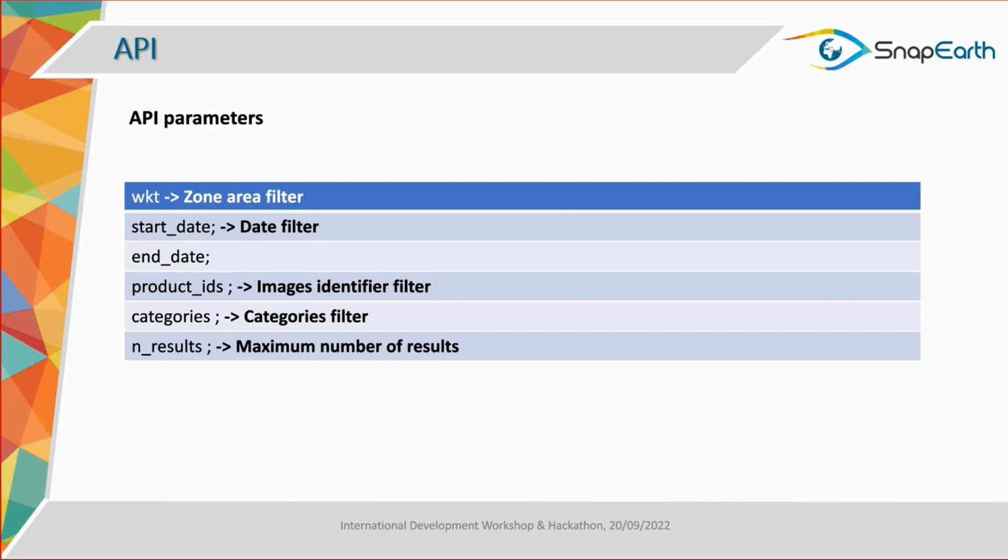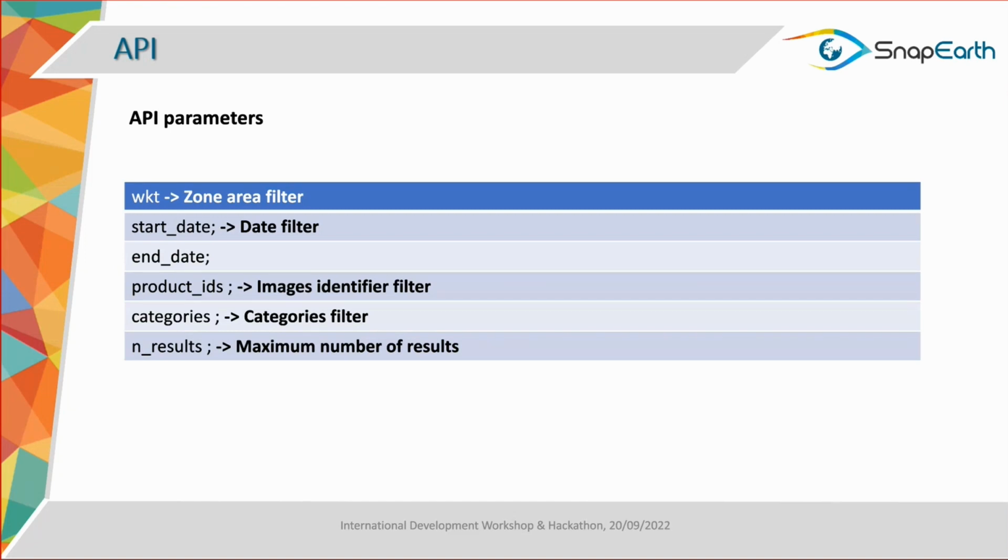You can filter with date, with a start date and an end date parameter. You can filter with product IDs. So if you know you want this satellite image segmentation, and you have the identifier, you can directly give the identifier to get this specific segmentation.